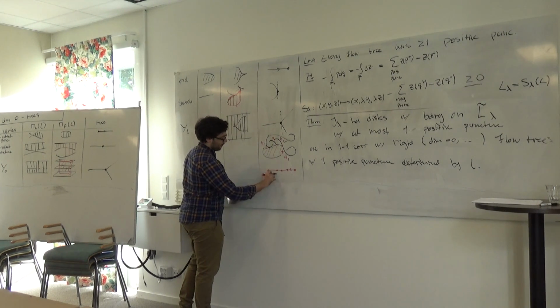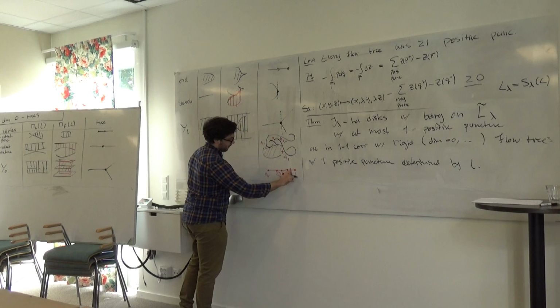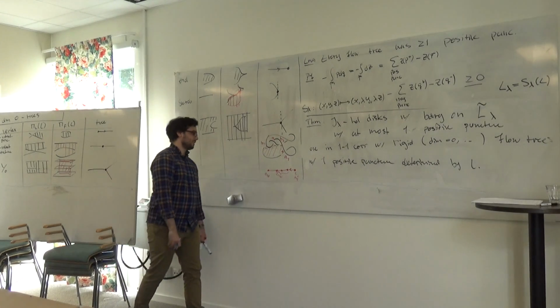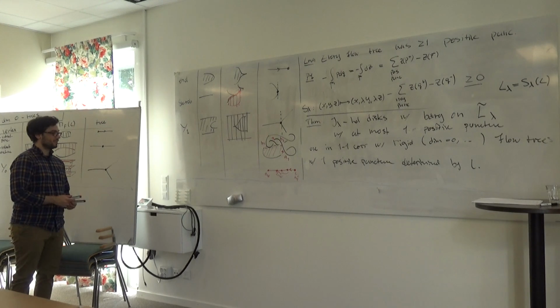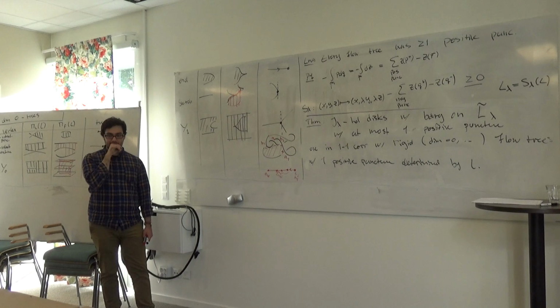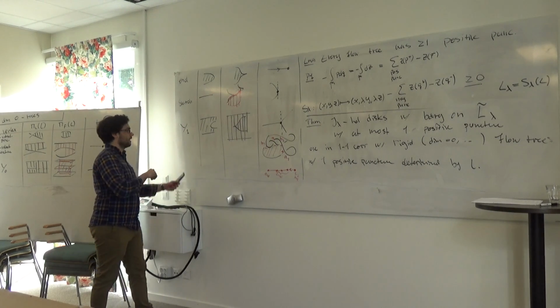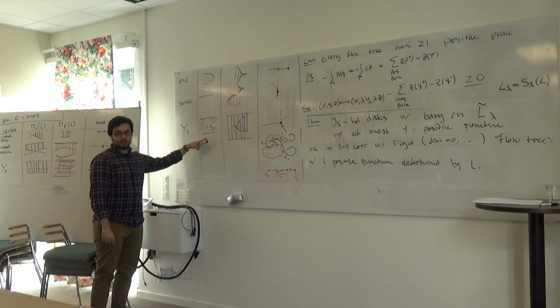So an end, two-valent punctures, and then a one-valent positive puncture. That would be it, in dimension 1. It's almost stupid. Because you only have linear trees? No, you can have these, but that's about it.